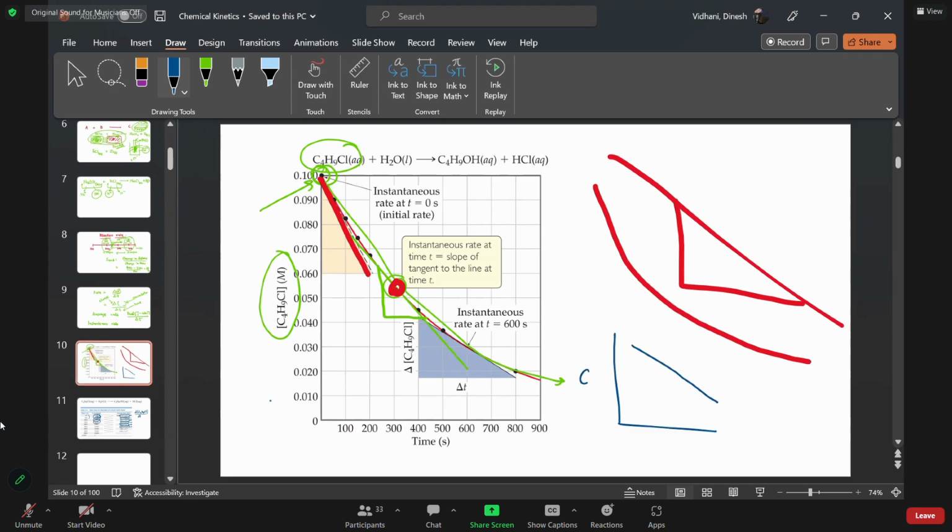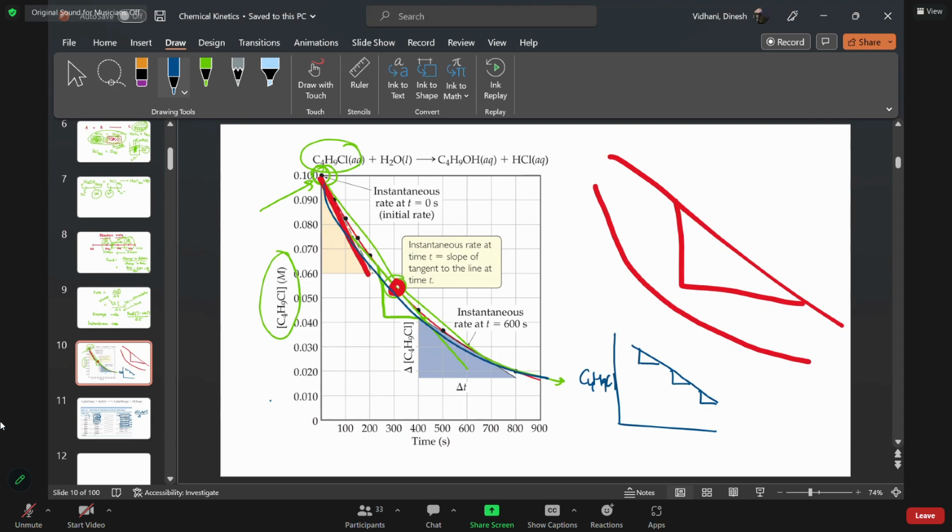If the concentration of C4H9Cl was falling down in a linear way, then the rate over here, the rate over here and the rate over here would be identical. Why? Because the slope along a straight line is going to be the same all over the line. But that's not what you are seeing. You are seeing a curve.